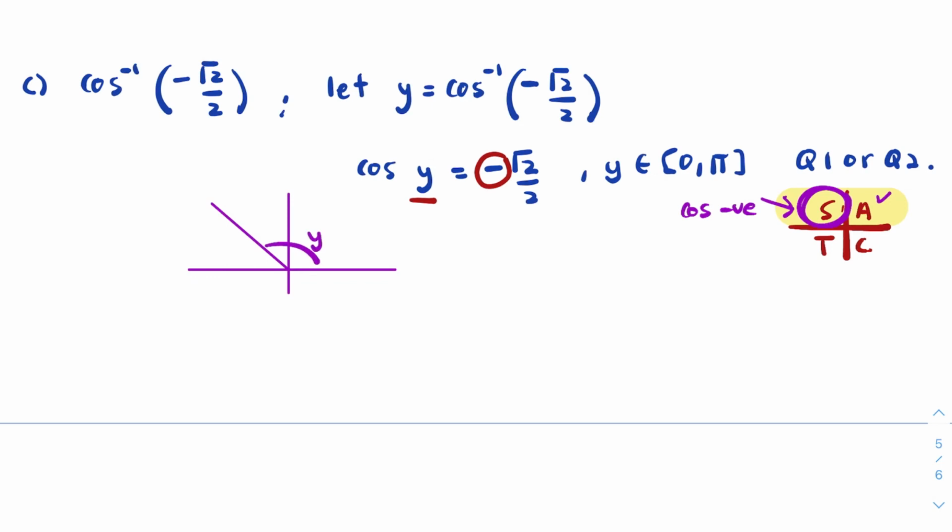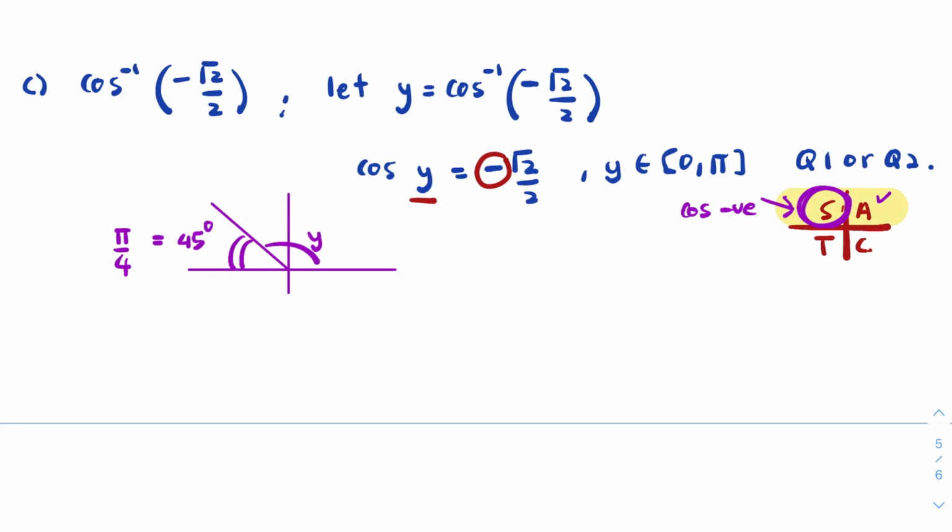Okay, now to get the angle, you cannot get it straight away, so you have to know your reference angle over here that gives you the special value or the exact value. What is the special angle that gives you root 2 over 2? You should know that it will actually give you theta of 45 degrees, or in terms of radian, it will be pi over 4.